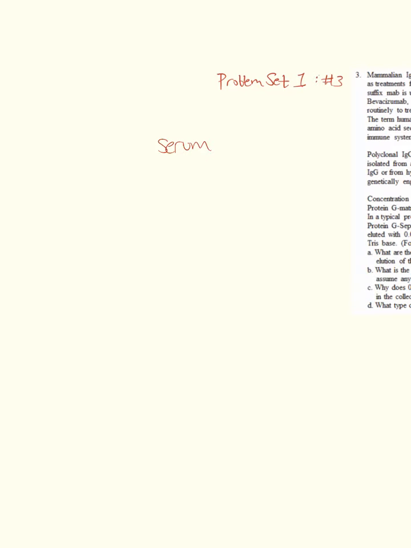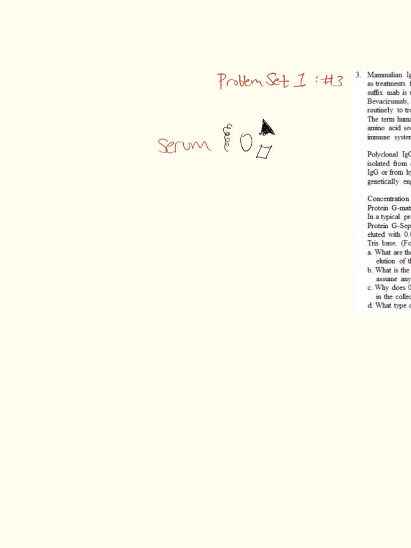Okay, so let's say serum has circles and squares, but what we're interested in is this black triangle. I'm making it black because that's what we want to target. That's our target. That's the IgG antibody, okay?